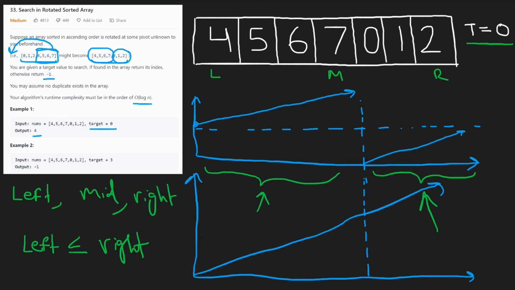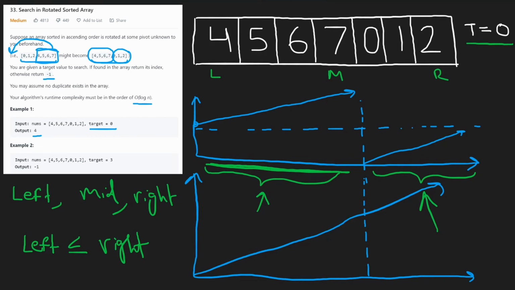Well, the way I check is just if our middle value is greater than or equal to our left, the actual value at that index, if this is true, then that means our middle value belongs to the left sorted portion. If this wasn't true, that means our middle value is in the right sorted portion, and we would write our if statements accordingly. But knowing that we are in this left sorted portion, right, let's run through it.